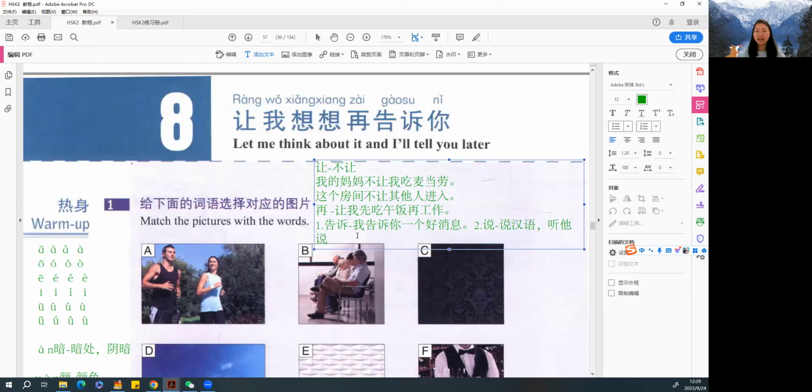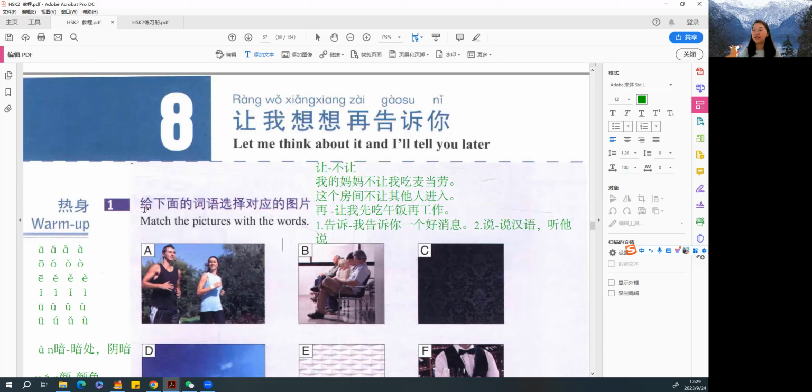So it's more like speak and say. But 告诉 is tell, to tell somebody something. And 说 is to speak a language and say something. I heard somebody say something. Great, so that's the title.